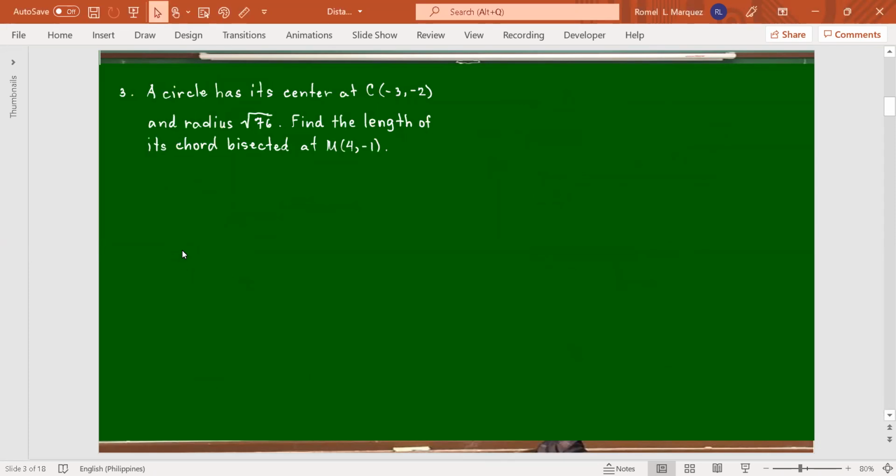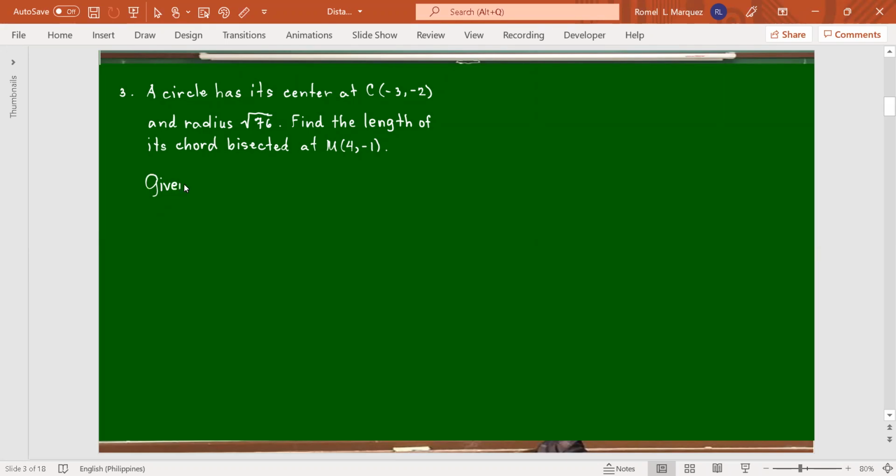A circle has its center at -3, -2, and radius is square root of 76. Find the length of its chord bisected at 4, -1. So we have a circle. Let's draw a circle. This is again an arbitrary illustration only, guys.